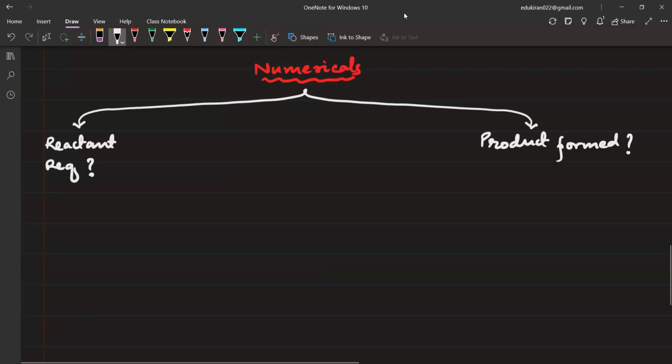If they're asking you about the reactant required, they will give you the amount of product. And if they have given you the amount of product, then what you are going to do, please see, is very easy. MCR of reactant, or rather I should write like this. Wait a second.